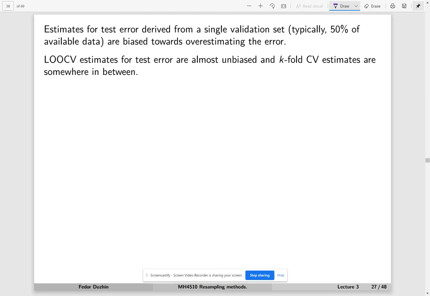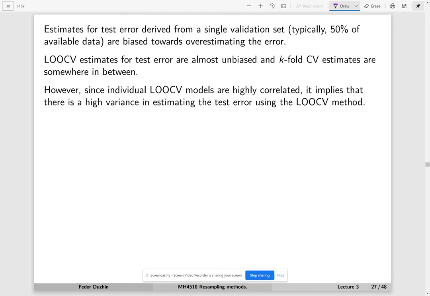Leave one out cross-validation estimates are almost unbiased because we used almost all available data to derive this estimate. So k-fold cross-validation estimates are somewhere in between.